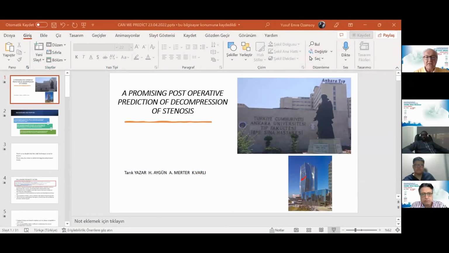And the topic is very nice here, actually. Surgery is excellent. The UBE technique is much more excellent, but we have some patients who are not happy post-operatively.